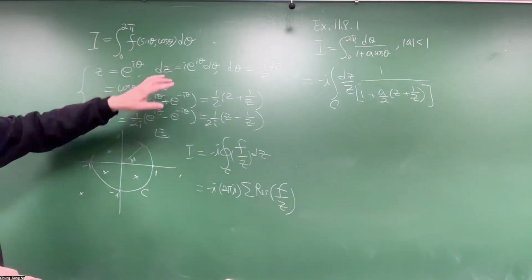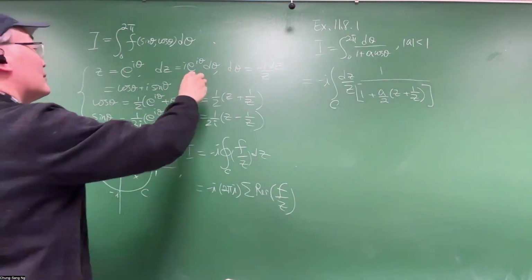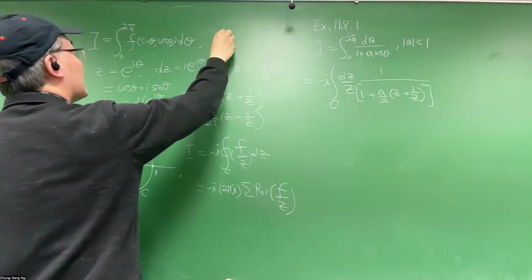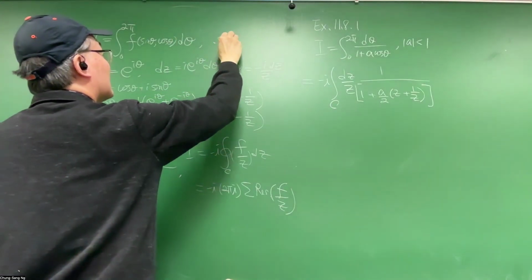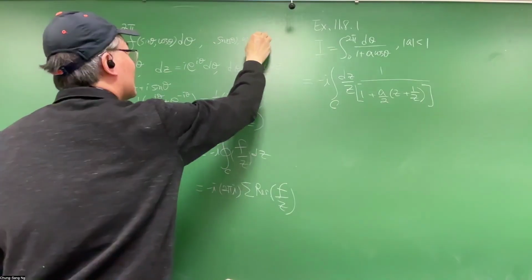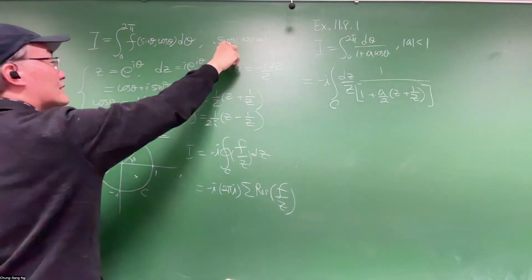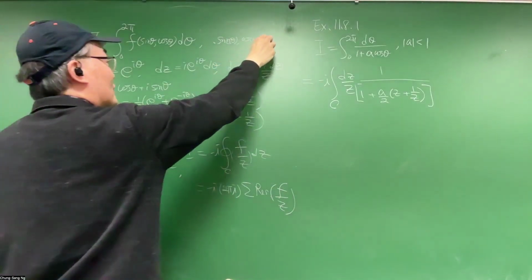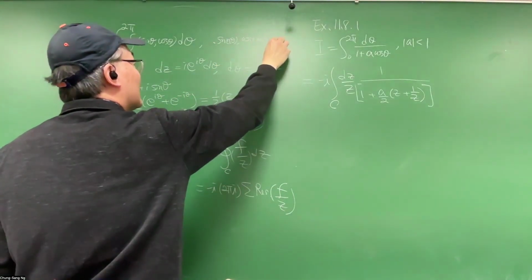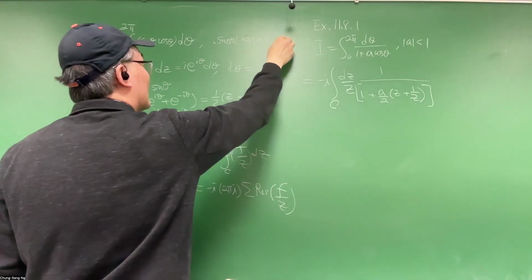So that's the general form. But if you see something like sine n theta, cosine n theta, where n is an integer, then those are also covered.